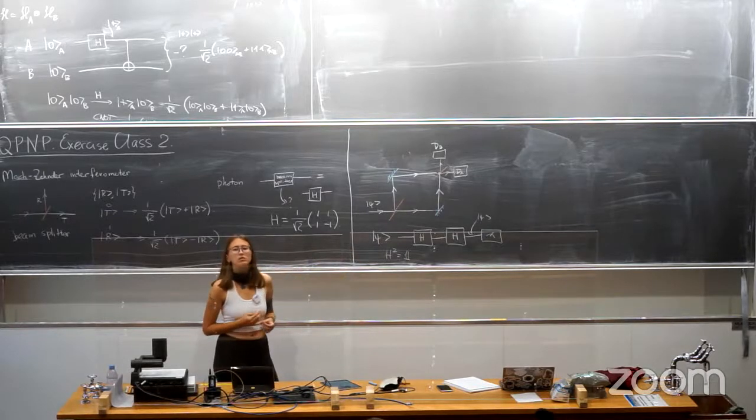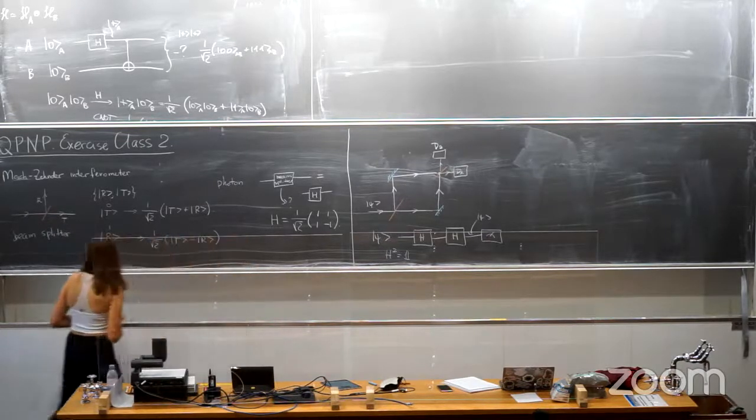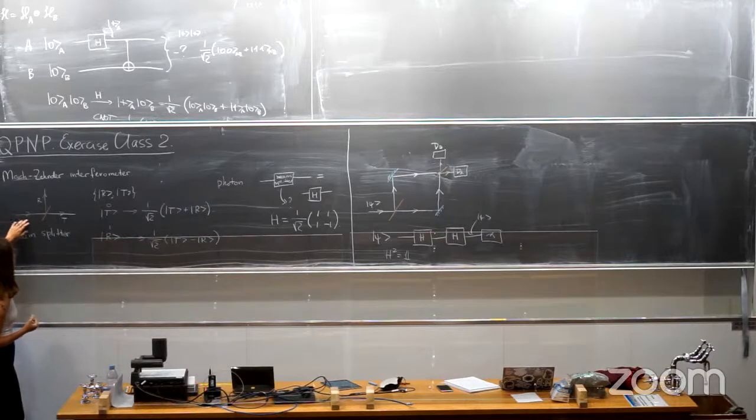Yes? So in the beginning, before the photon hits the beam splitter, do we consider it reflected, or do we consider it transmitted? We consider it just in between, and we just don't know what it is. So even before it hits the beam splitter, it can also be in a superposition of two states.